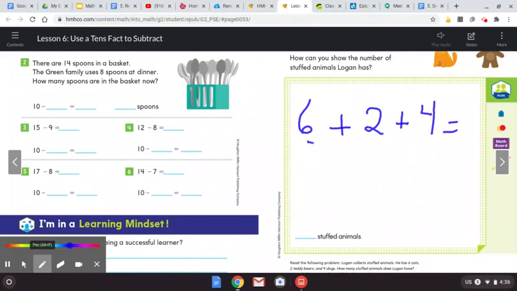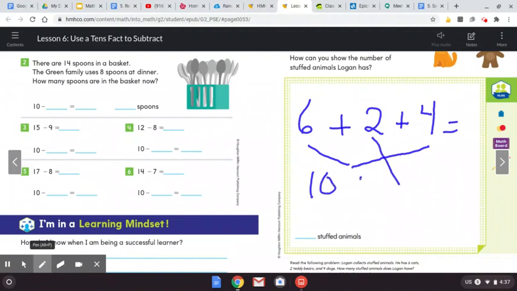You could group 6 plus 2. You could group 2 and 4. But we've been talking about tens lately. You can use tens facts to add or subtract. So let's group the 6 plus 4. All right, if you follow along with me, 6 plus 4 is 10.